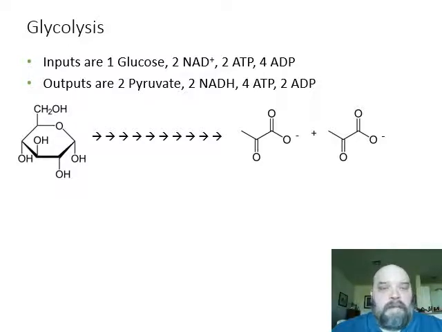Couple of NADs, remember, are electron carriers, and 2 ATPs. You need 2 ATPs. Why would you need ATP when you're wanting to make ATP? Well, it turns out you're going to have to invest some ATP in this.